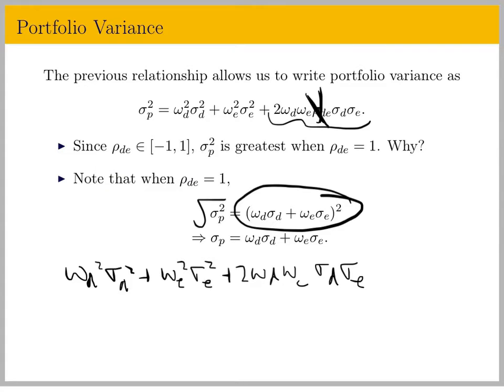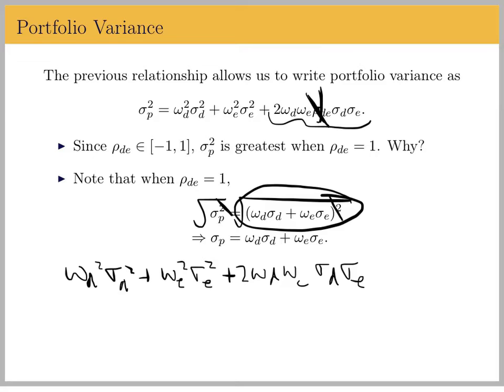Which means that if we take the square root of this side and of this side, we just eliminate these two values, and you see that in this special case, only when rho is equal to 1, we get that the volatility, not the variance, but the standard deviation of the portfolio is a weighted average of standard deviations. That's a very interesting case.